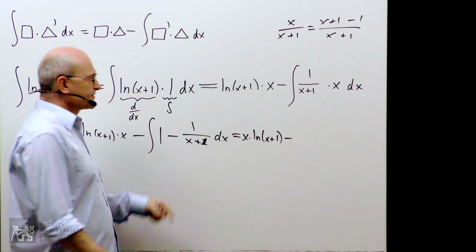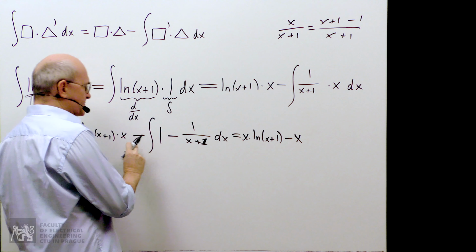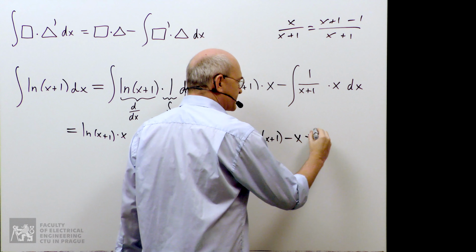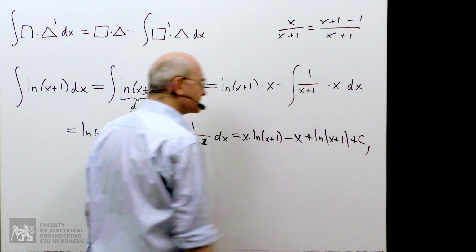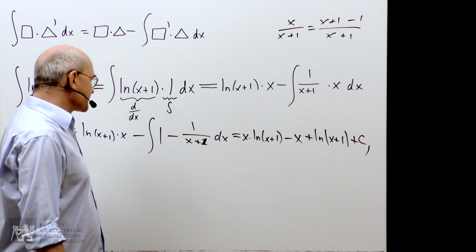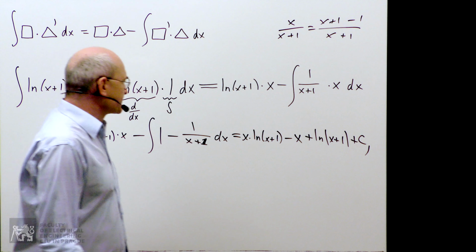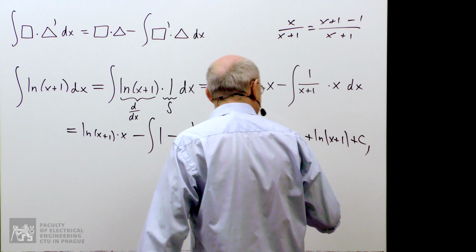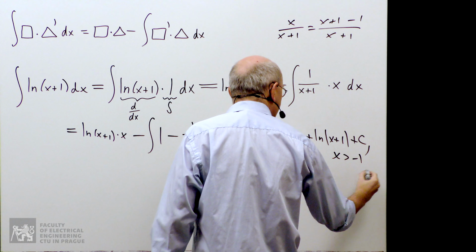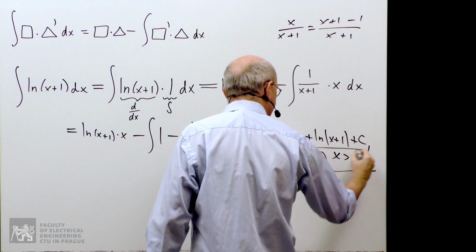We integrate 1, which is x. Minus minus is plus. Logarithm x plus 1 plus c. And finally, we have to worry about validity. Well, logarithm only accepts positive numbers. So x should be bigger than -1. And that's it. That should be the answer.